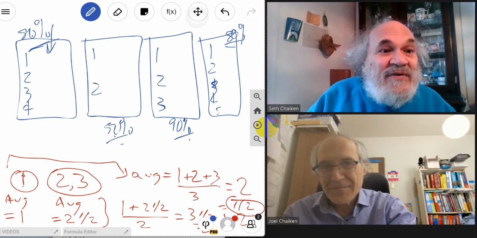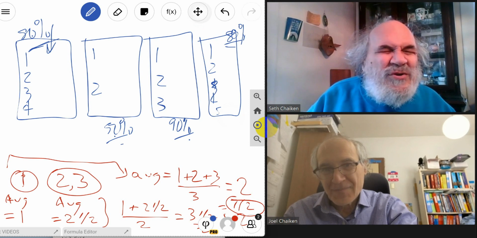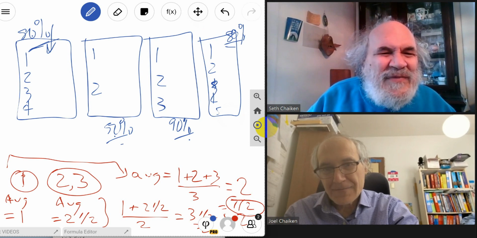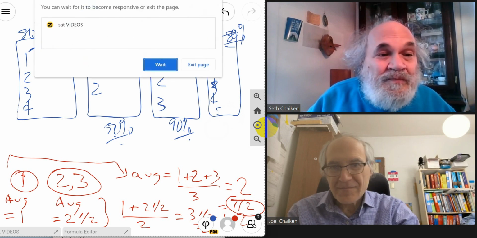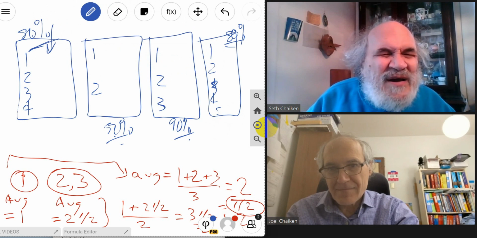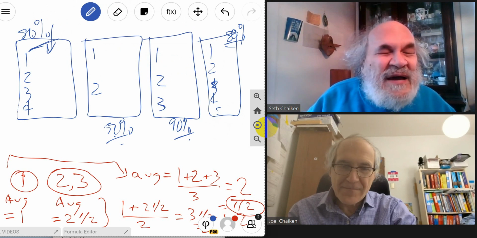Here, what I wrote in red is a much smaller example. Let's call it the scores on a test. A score on one page is 1, and on the second page we have 2 scores, 2 and 3. The average of 1 by itself is 1. The average of 2 and 3 is 2.5.